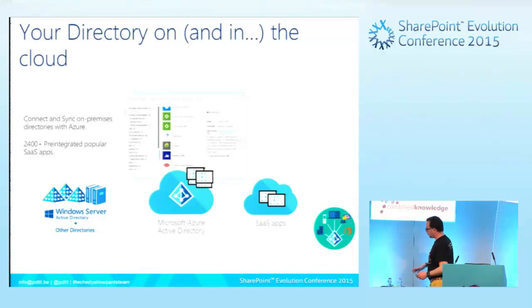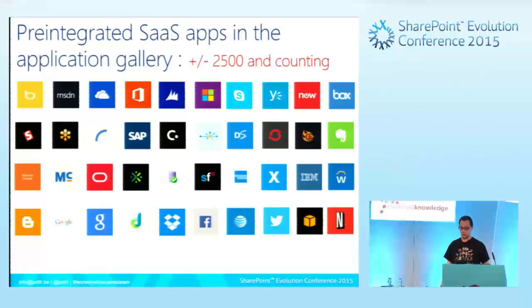At present, within Azure, they have support for approximately, it's close to 2,500 business cloud applications. Public applications, some of them are for free, some of them you have to pay, and they can integrate with your Azure Active Directory Premium account, which is in fact your on-premise Active Directory which is being synchronized. That's it. Really, really easy to use.